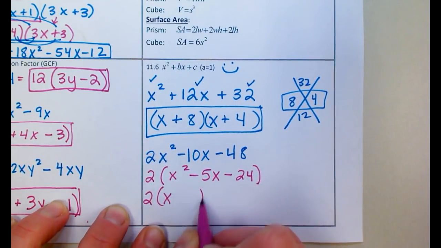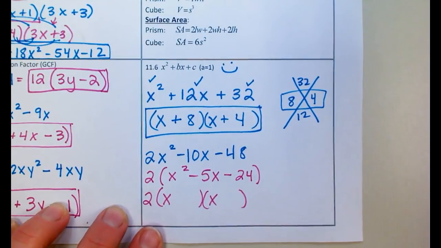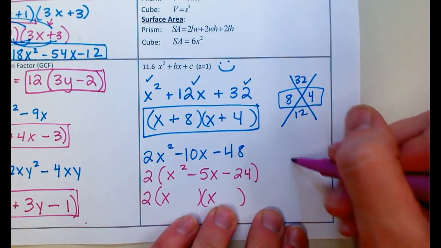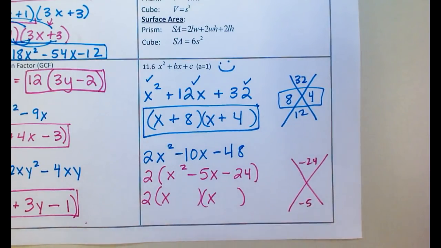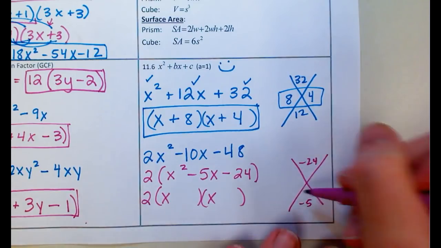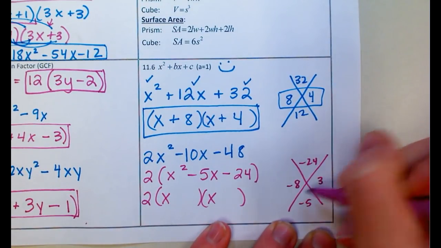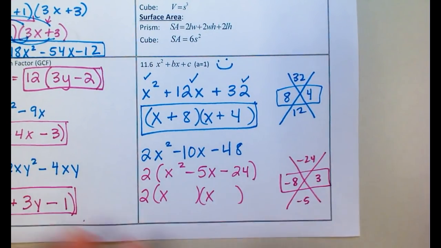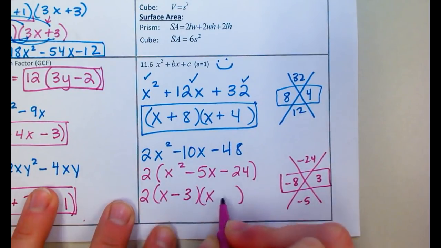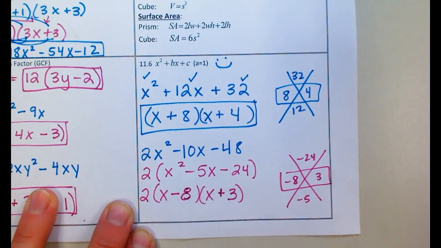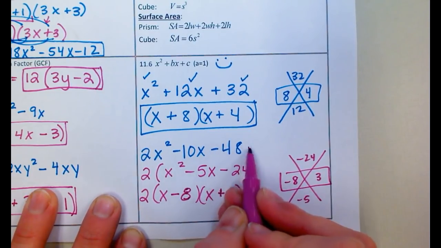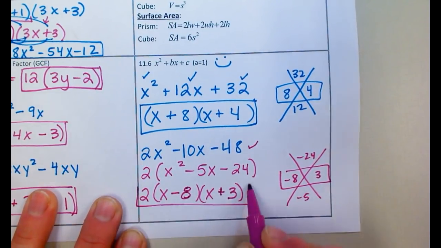X times x will give me my x squared. And then I can set up my graphic organizer with negative 24 and negative 5. The two factors that make this work are negative 8 and positive 3. So I put in here minus 8 and plus 3, and this would multiply back to the original if we checked that out.